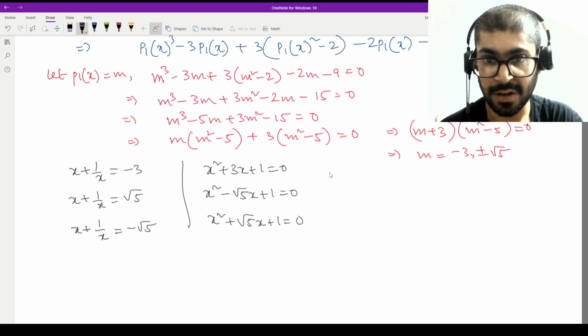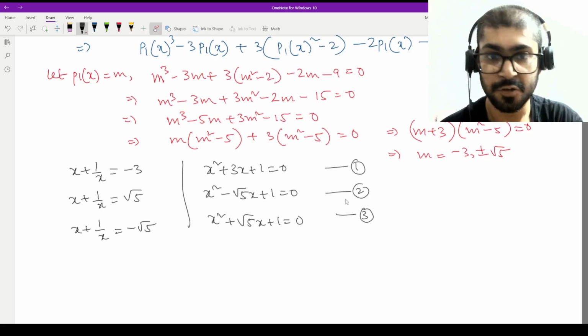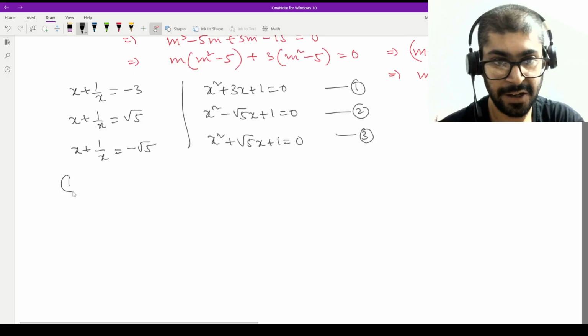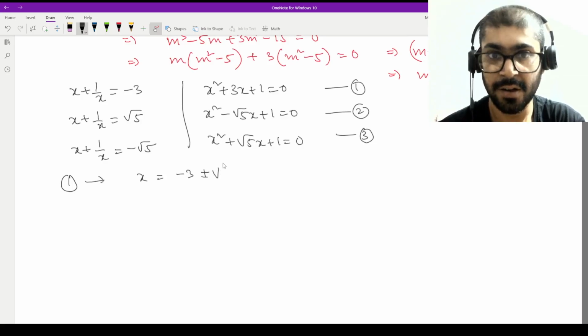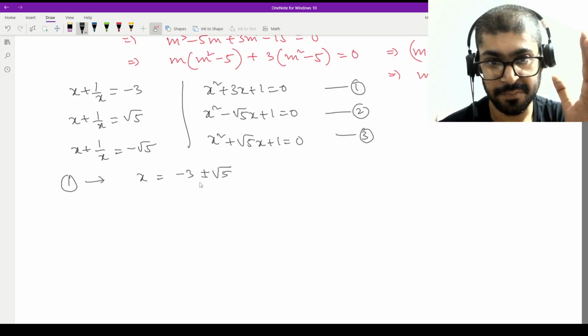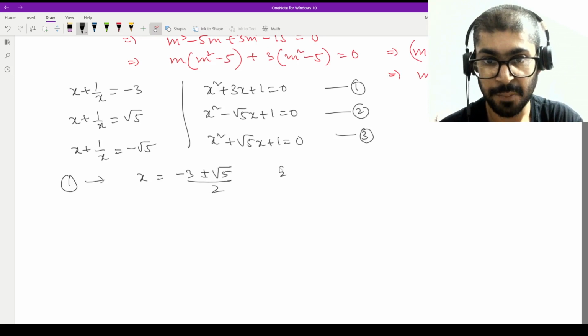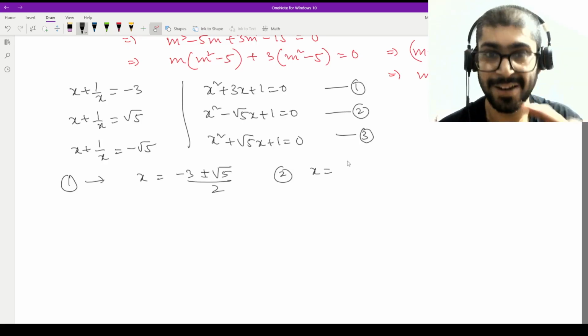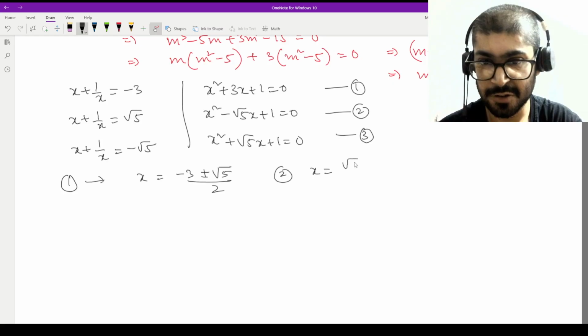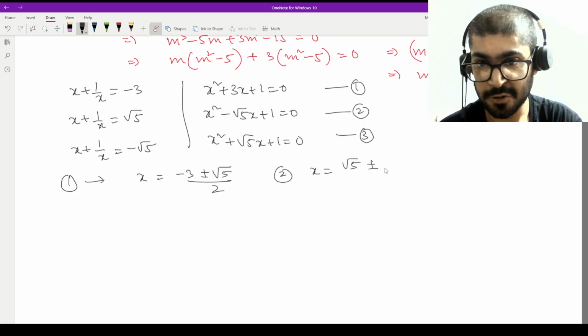Now I'll name this 1, 2 and 3. So very quickly, number 1 will solve into x equal to minus b plus minus root over b square minus 4ac. Okay, this is done. Number 2 will give x equal to minus b, so minus of minus root 5 will give us just root 5, plus minus root over of b square.